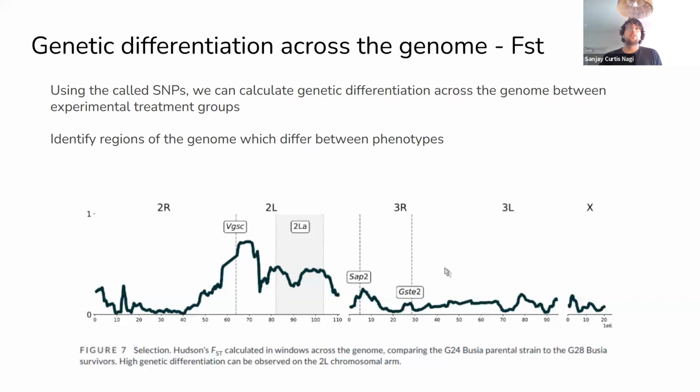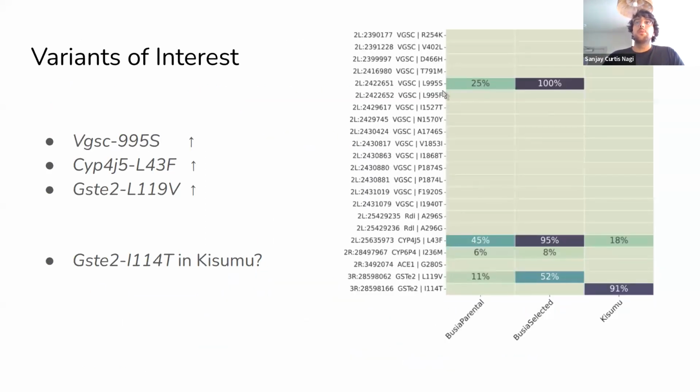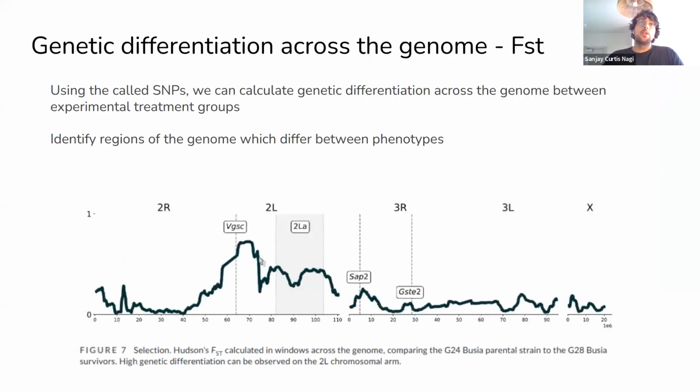If I go back to that plot of allele frequencies, this makes complete sense, because between the Busia parental strain and the Busia selected strain, we've seen a huge shift at the VGSC. So in terms of the haplotypes in these two strains, there's been a big shift to one specific haplotype, probably. And then we see really high genetic differentiation at that locus.